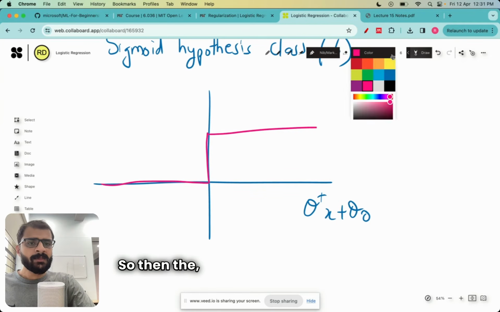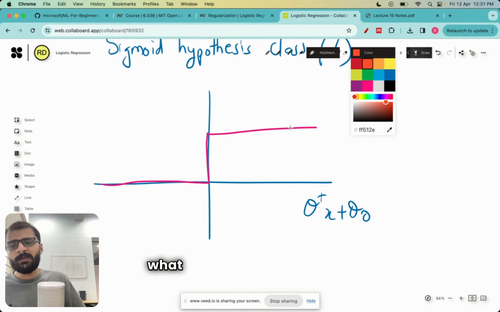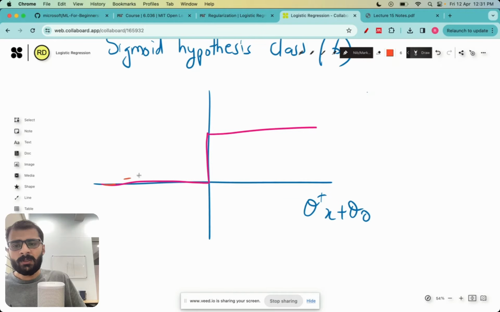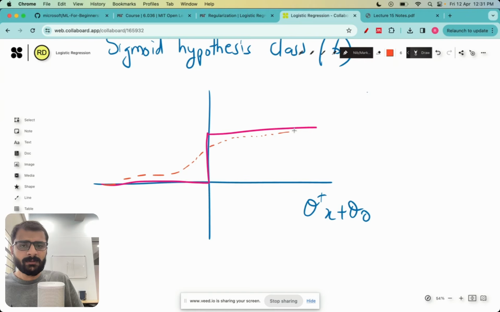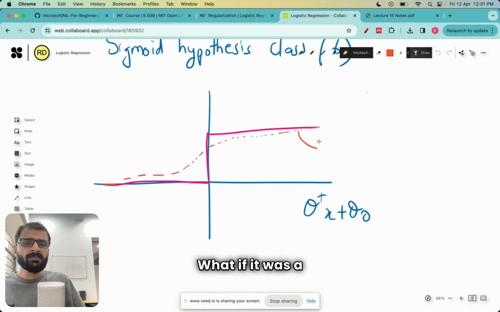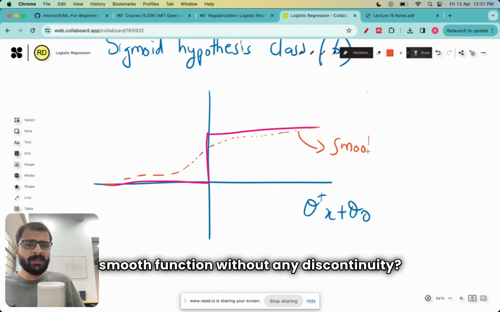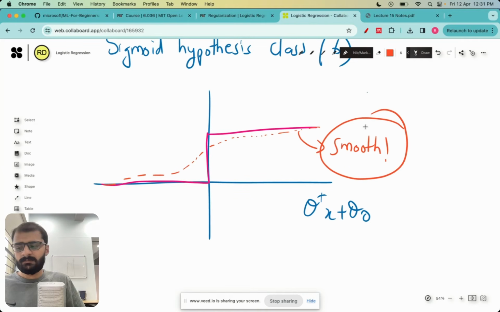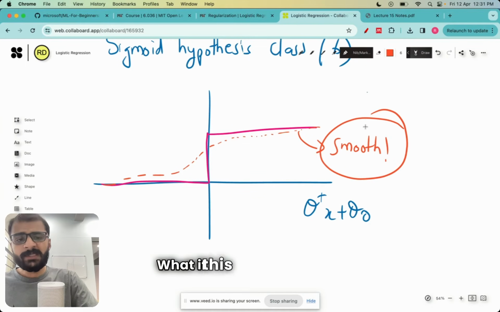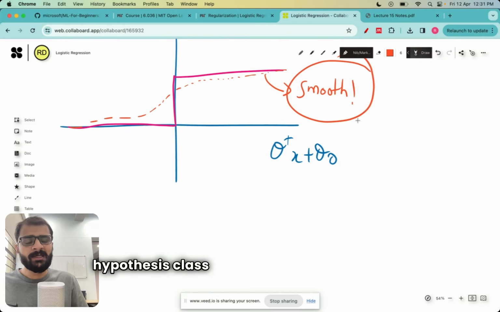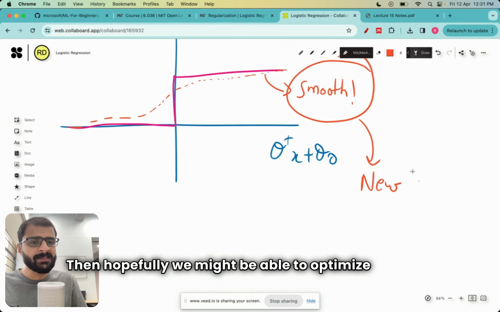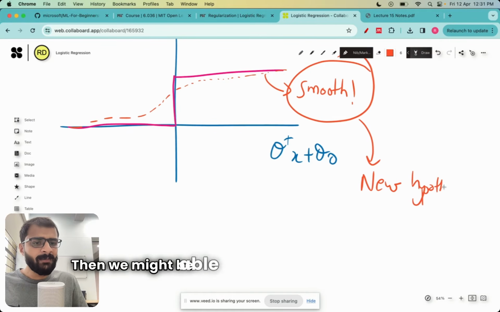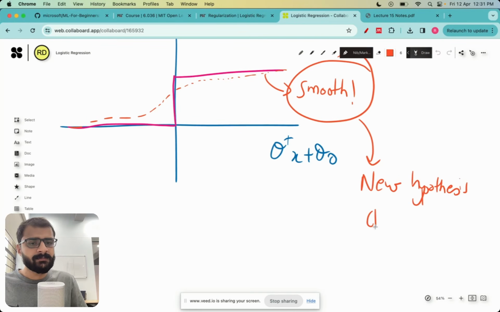Then people thought, what if we make this smooth? What if it was a smooth function without any discontinuity? What if this can be our new hypothesis class instead of the sign function? Then hopefully we might be able to optimize the loss function.